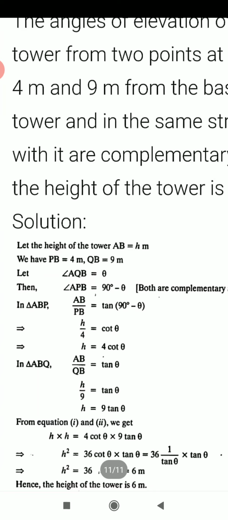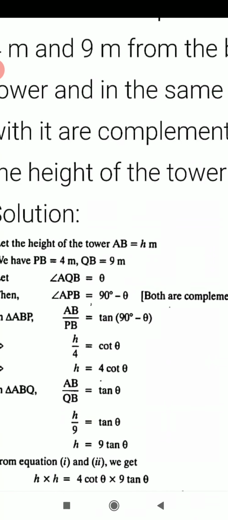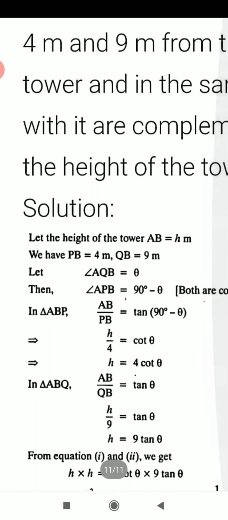Now for tan (90 minus theta) in the figure, perpendicular upon base, h upon 4. Tan (90 minus theta), as you have learned in trigonometry, is cot theta. Okay, so h equals 4 cot theta. Now in the other triangle, tan theta equals AB upon QB, h upon 9 equals tan theta, h equals 9 into tan theta.